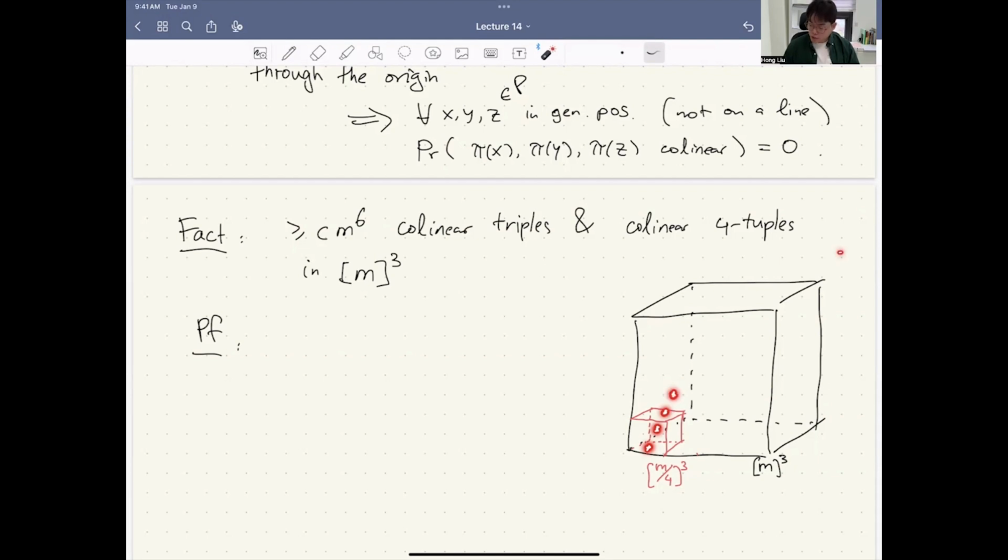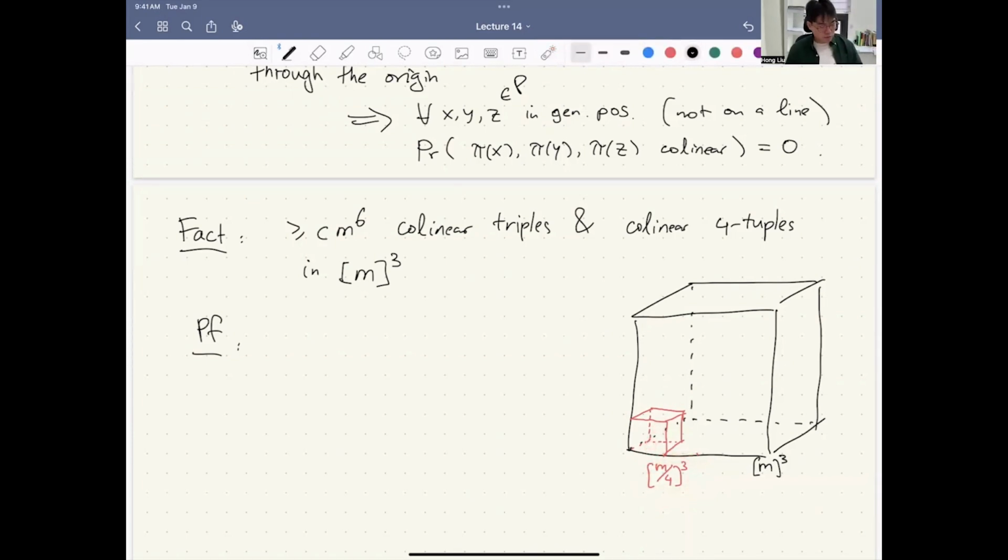You will never step out of the box because your step length is smaller than m/4. The number of ways to choose these 2 initial points is the square of the size of the subcube. So you get m to the 6.